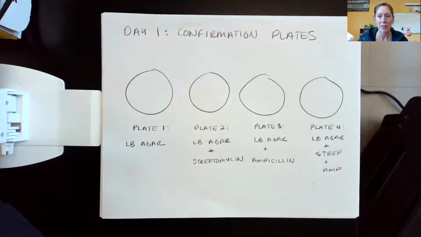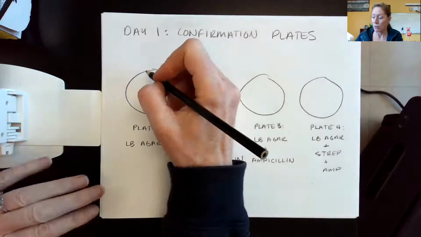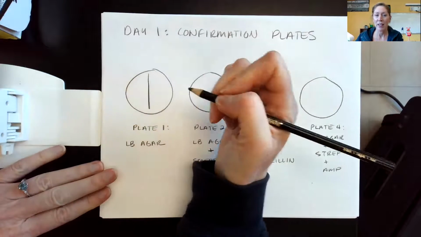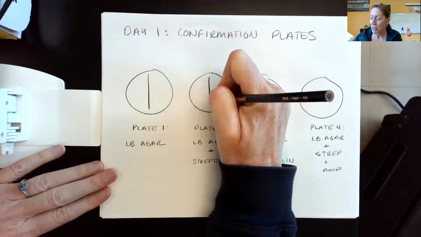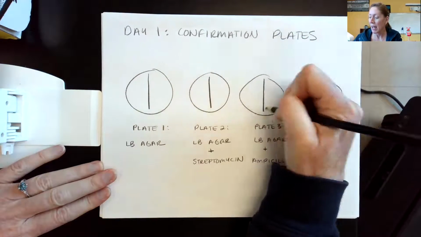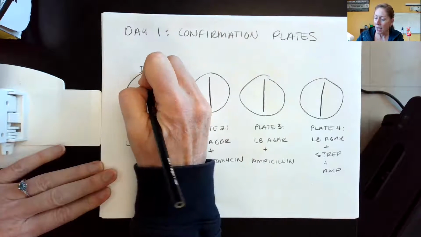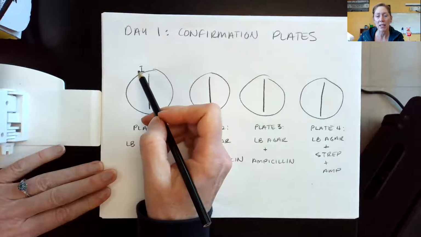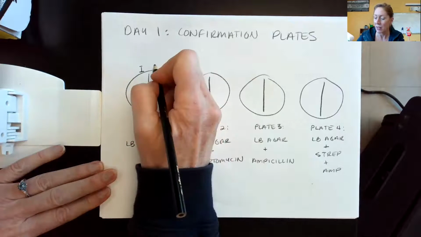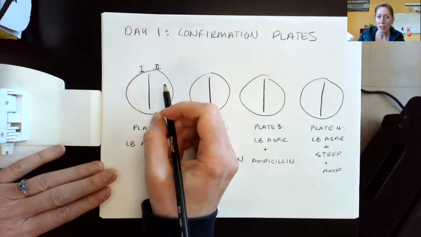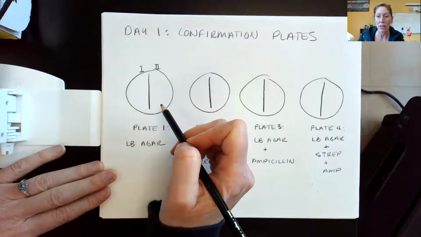what should happen in these plates. Okay? Well, before you do that, sorry, let's go ahead and mark up these plates. We're going to divide each plate in half. And on one side, we're going to streak a little bit of E. coli 1 bacteria. And on the second side, we're going to streak a little bit of E. coli 2.